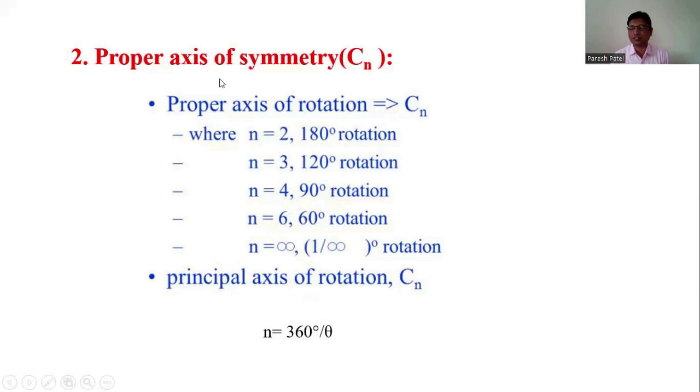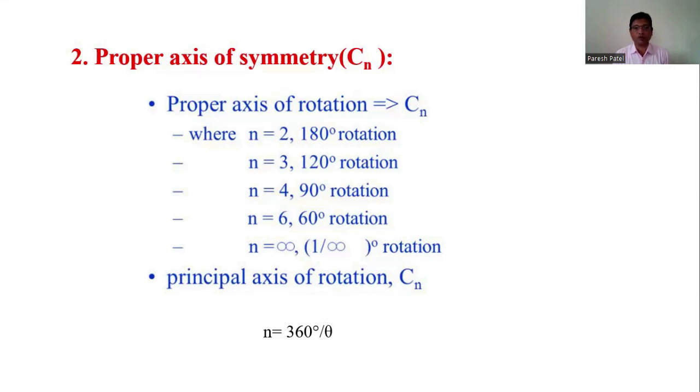But let us start. What is proper axis of symmetry? We have to imagine a line or axis, and with the help of that axis, if we rotate our molecule along the axis to get the equivalent orientation position, then this type of symmetry can be recognized as proper axis of symmetry. This symmetry element is designated by capital C and small n, Cn, where n is equal to order of axis.